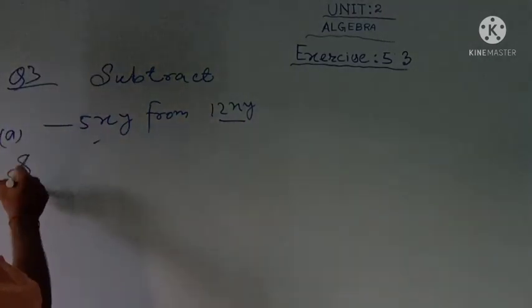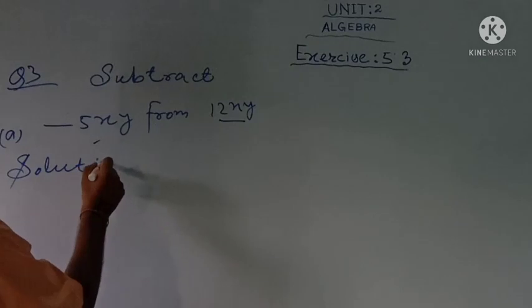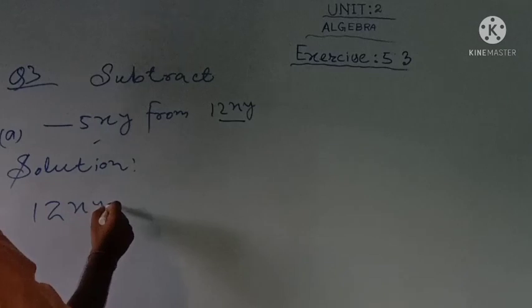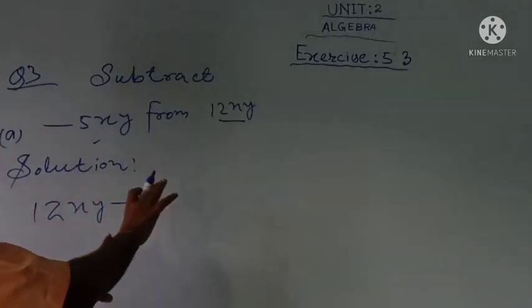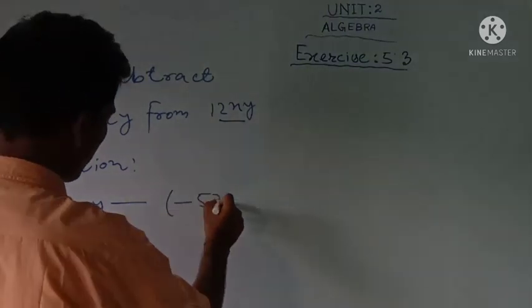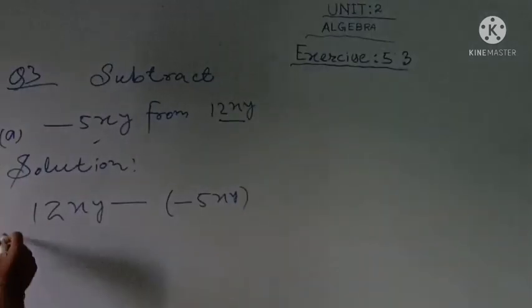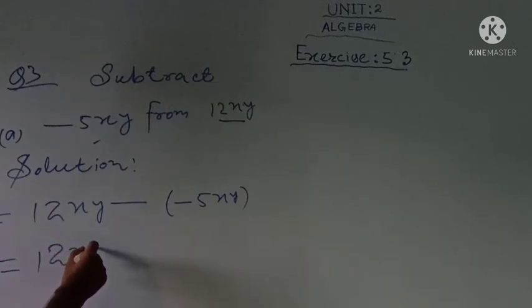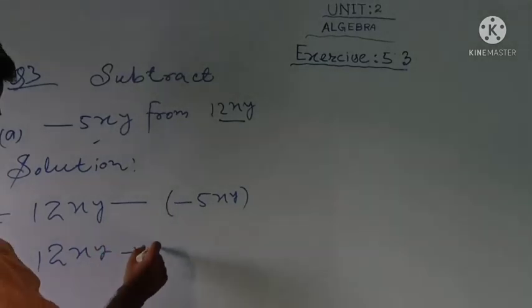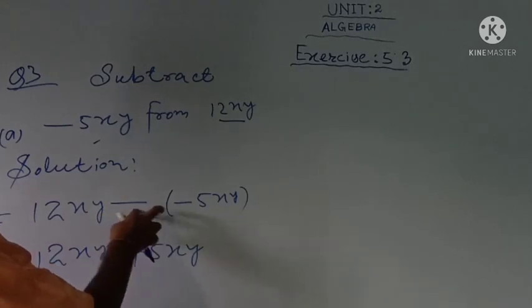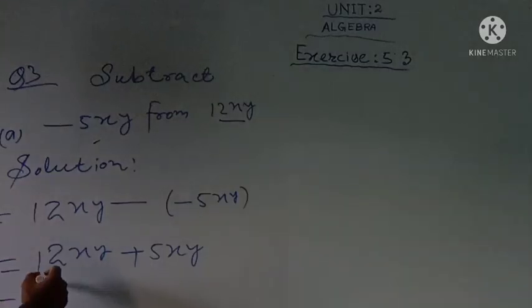The solution is very simple. 12xy minus, since from 12xy you have to subtract minus 5xy, so 12xy minus, minus 5xy. In the following step, 12xy, minus minus 5xy, outside also minus, inside also minus, we do minus plus. Now see, it's very simple. 12 plus 5, 17xy.